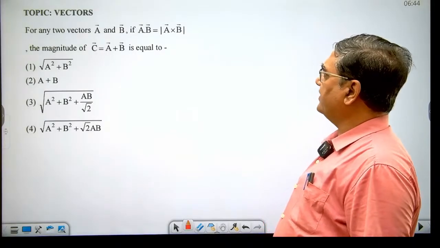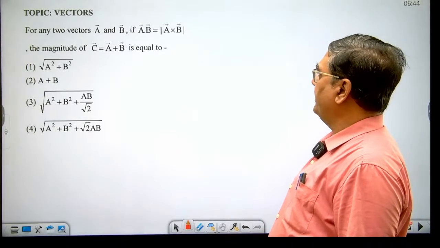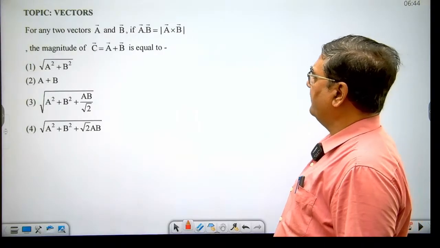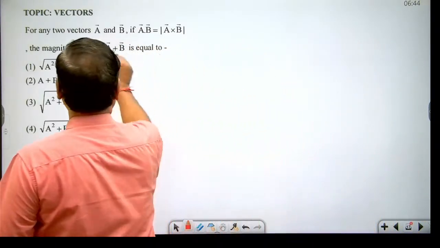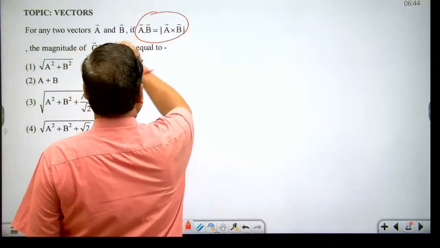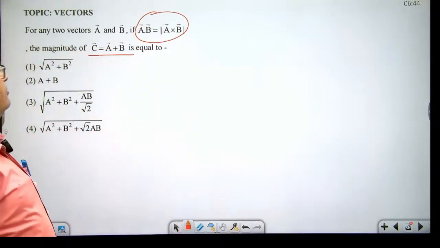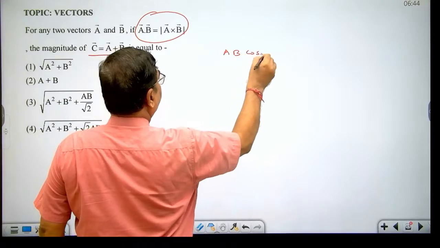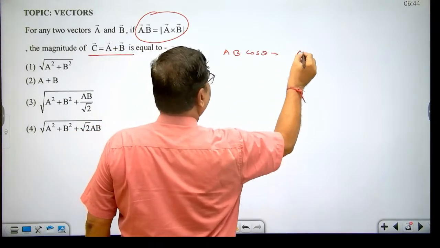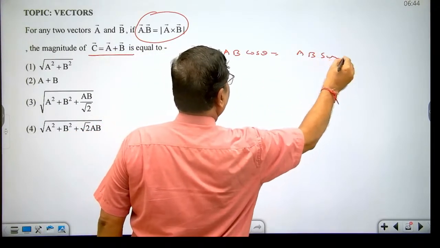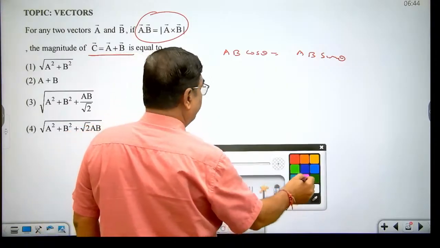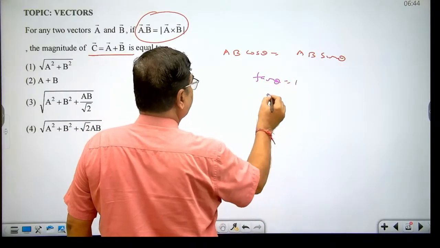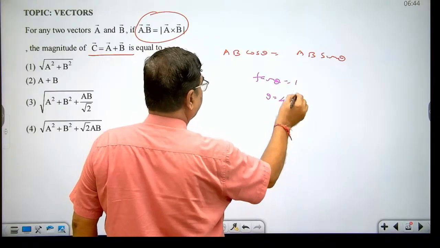For any two vectors A and B, if A dot B equal to magnitude A cross B, the magnitude of C vector equal to A plus B is equal to. In the question, condition is given A dot B equal to A cross B. What is A dot B? A dot B is AB cos theta. And what is A cross B? This is cross product AB sin theta. If we solve this equation, we will get tan theta equal to 1. So theta equal to 45 degree.